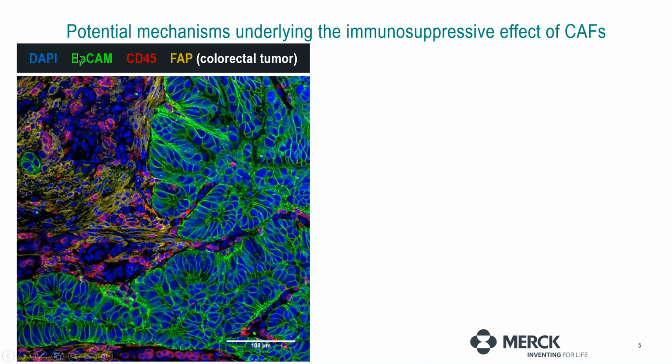You can clearly see that the CD45 positive immune cells are largely restricted in the stroma, the FAP positive fibroblast portion. So if they want to get to the tumor bed, they have to swim across a sea full of fibroblasts.